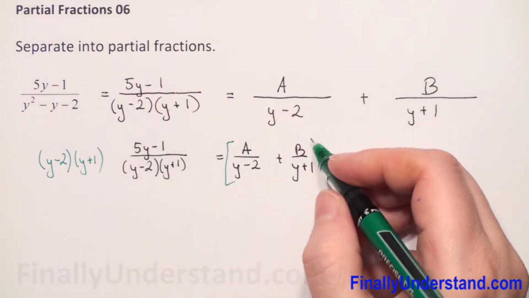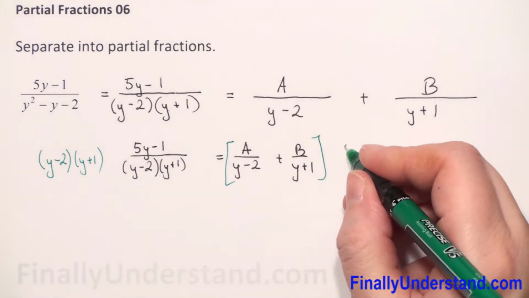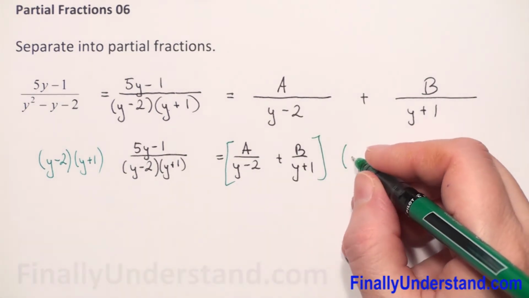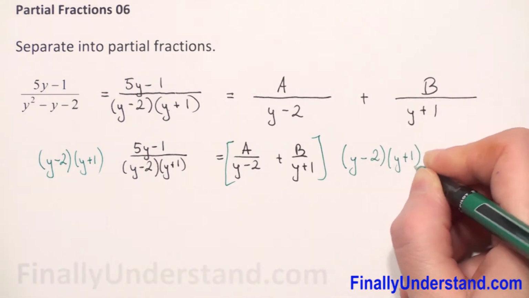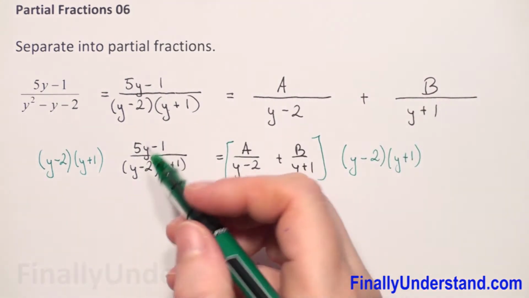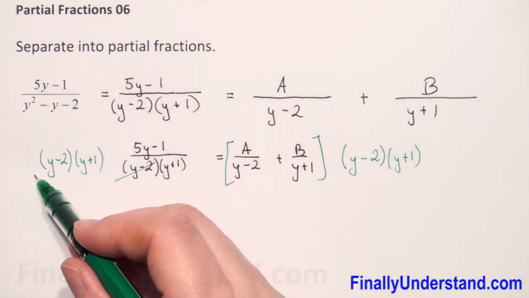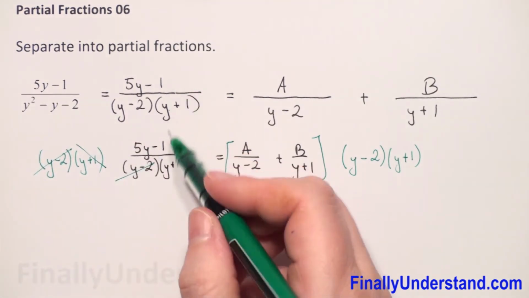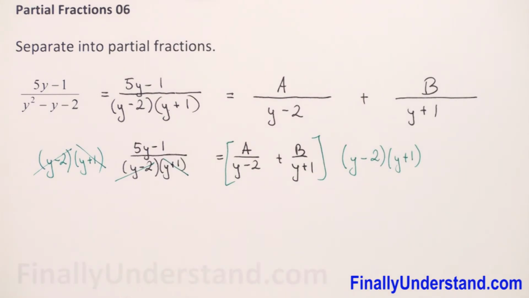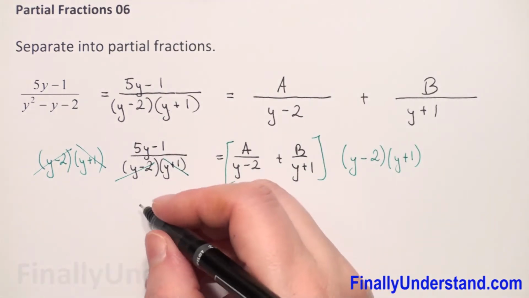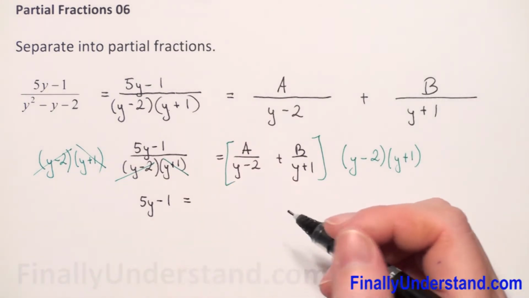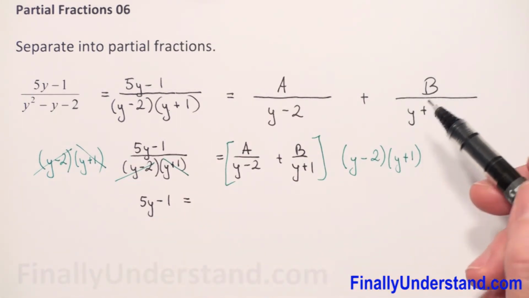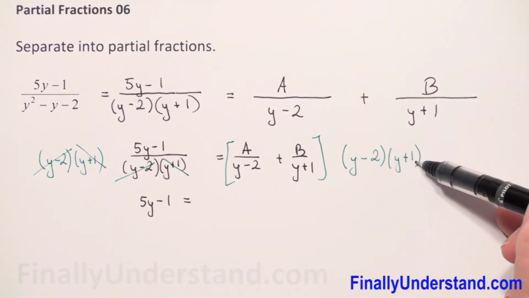So whole expression on the right side we have to take in brackets, and we multiply by y minus 2 and y plus 1. And we see now that on the left side y minus 2 we can reduce with y minus 2 and y plus 1 with y plus 1. So we will have now only on the left side 5y minus 1. This is equal. And on the right side we need to multiply every term in brackets by y minus 2 and y plus 1.